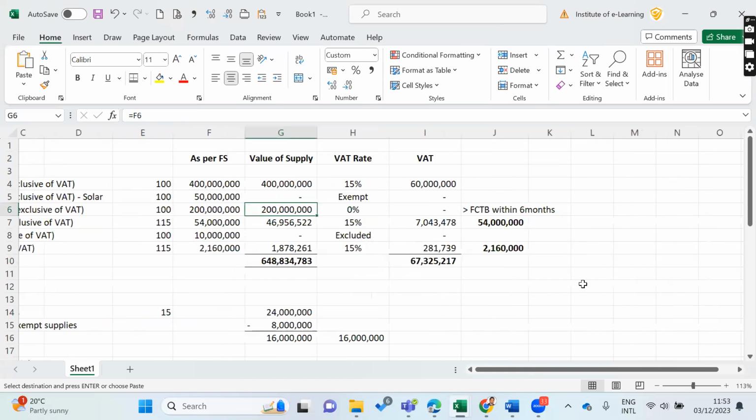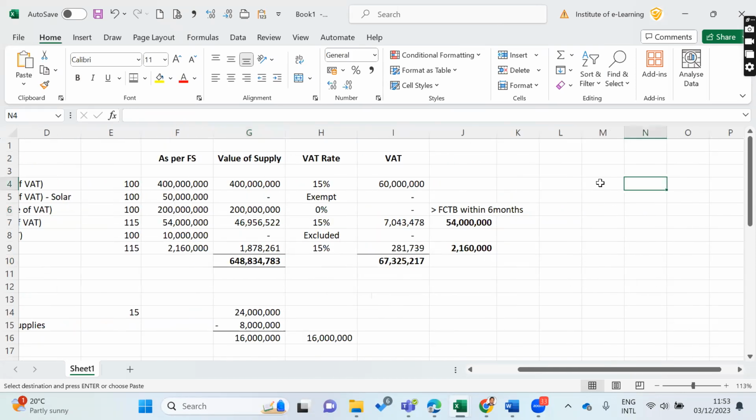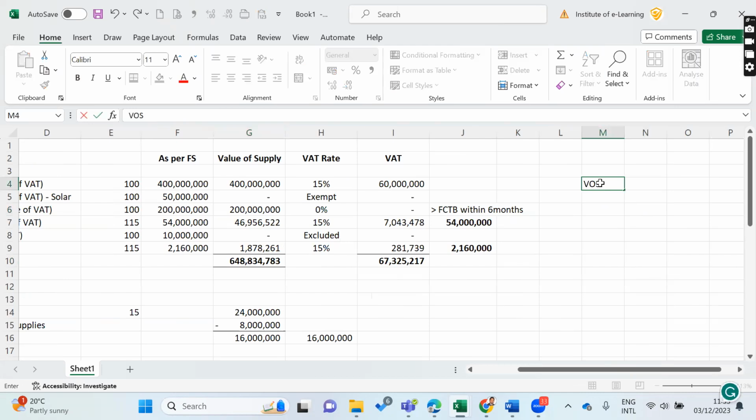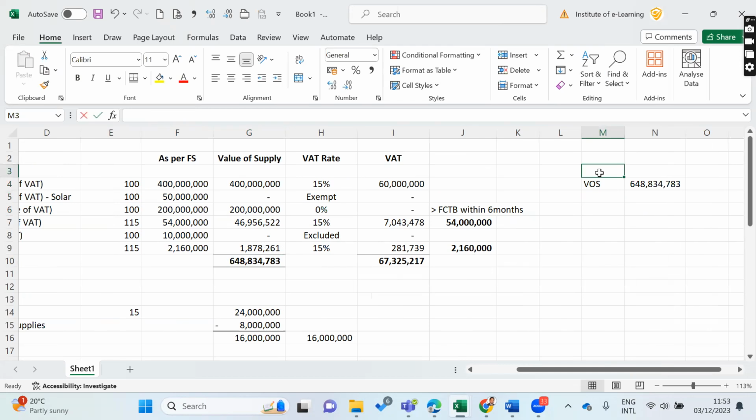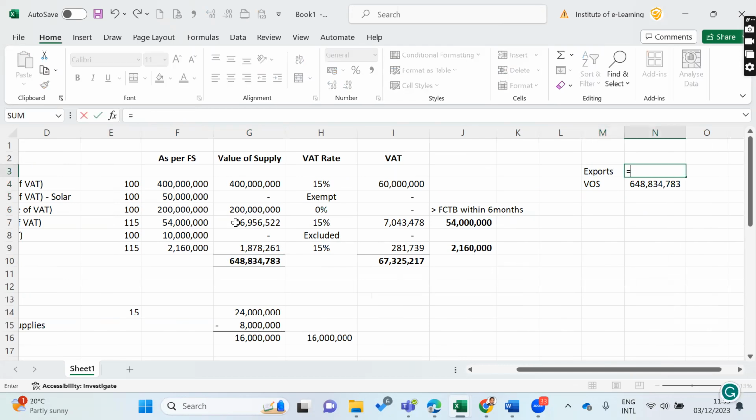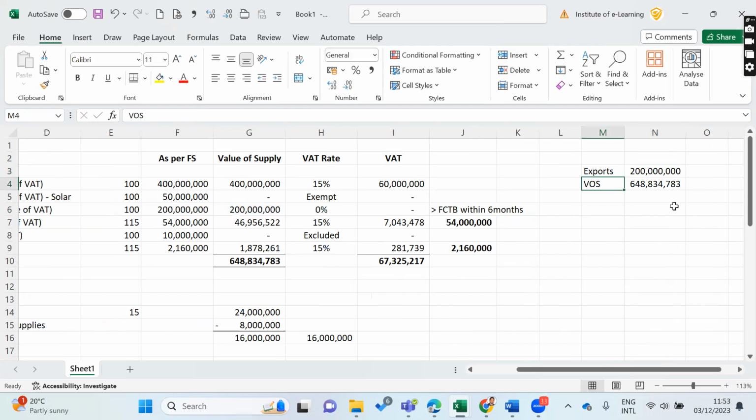Then if you take the total supply value here, you have 648. Then exports, you have only 200. Then there's a percentage.